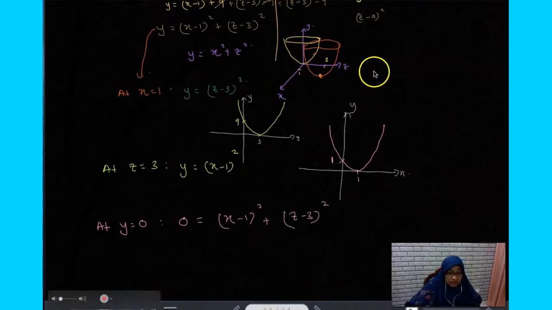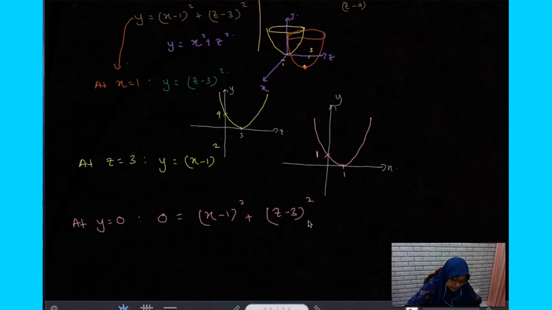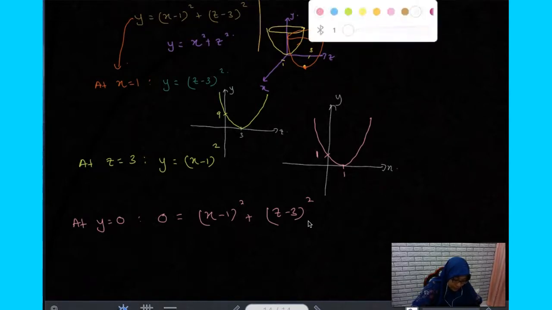So it is a circle with no radius, and the center is at 1, 3. It's just a point, right? But your point is located at x equal to 1, z equal to 3. So we draw that point.